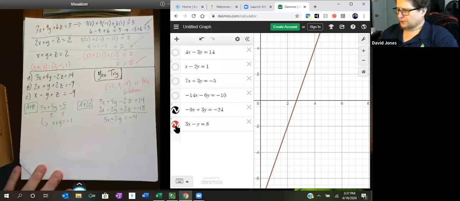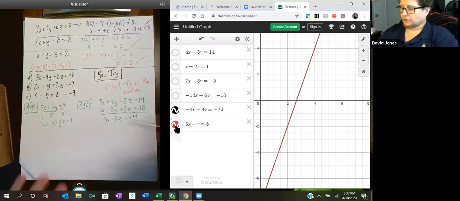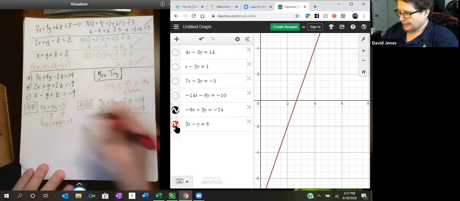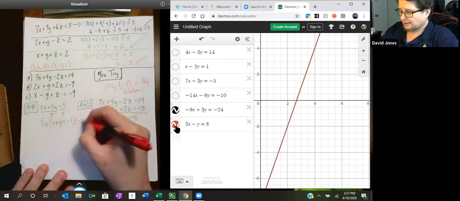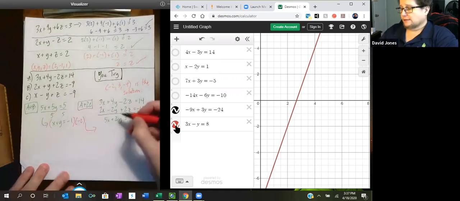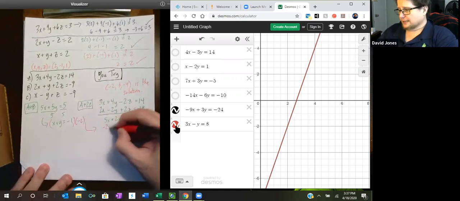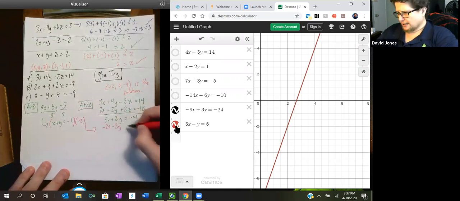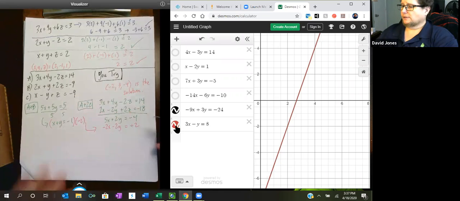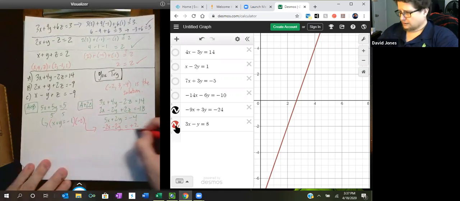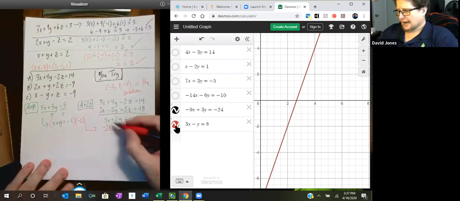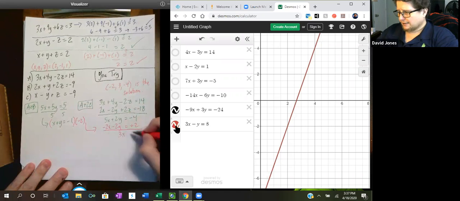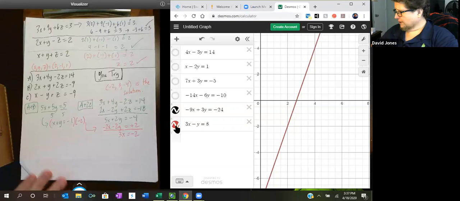So let's do, I don't know, let's multiply this by negative 2, that will get rid of y's. Negative 2x minus 2y equals positive 2. And I add, I get 3x equals negative 2. Something's off.